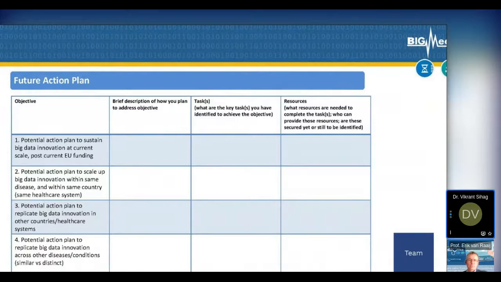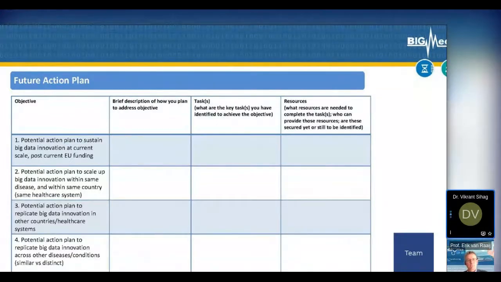And finally, we had an overview of different teams, different objectives and action plan and tasks that each team had to perform. Some of the teams were quite advanced in executing some of the objectives, while some of the teams are still work in progress, I would say, to implement some of the action plan objectives.